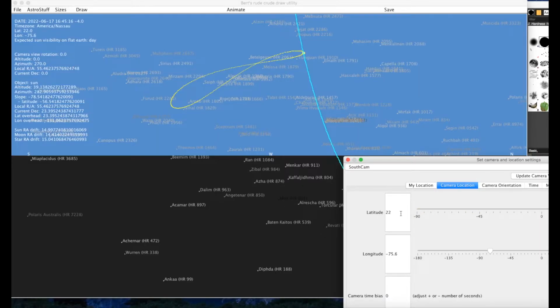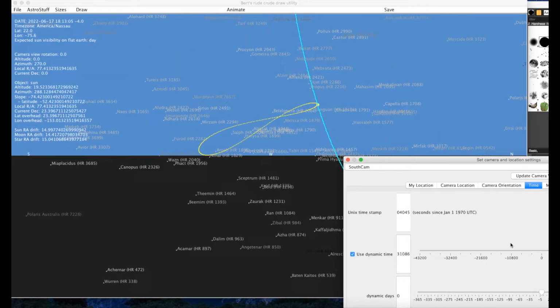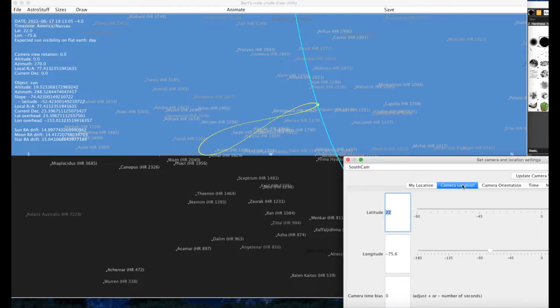If I fiddle around with my location, I would probably, without knowing any other information, suggest the possibility that it might have been taken at a latitude of 22 degrees or thereabouts. But even that poses a few problems, because even at this latitude, you can see that if the moon follows this curve here, it's still descending and then it comes back up like this.